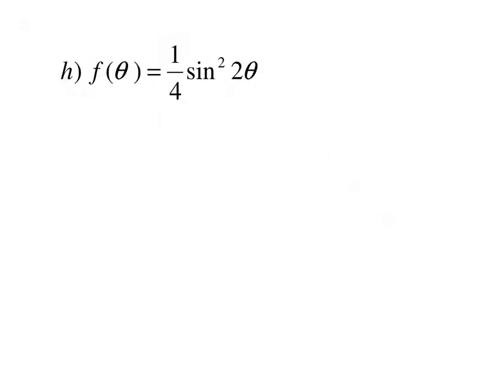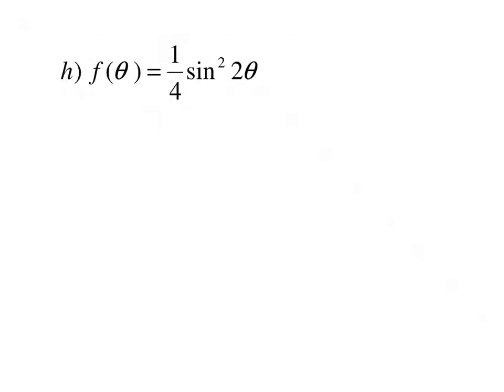We have the 2 theta part, the sine part, and then the squared part, right? If I were simplifying, if I asked what does that equal when theta is pi over 4, what part would you do first? 2 times the theta, so that's the innermost function. Then you would take the sine, and then you would square it.